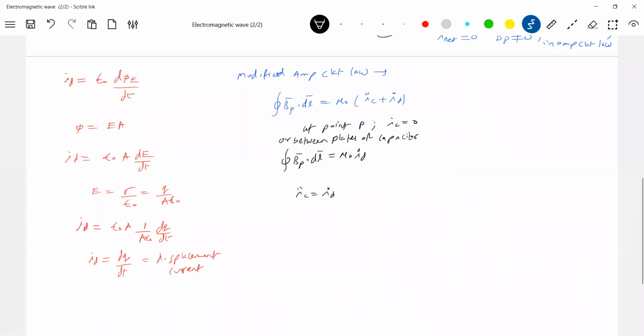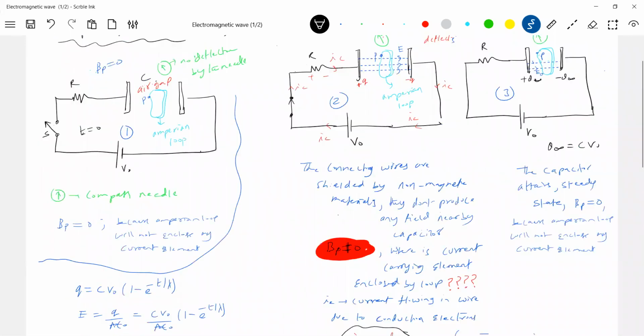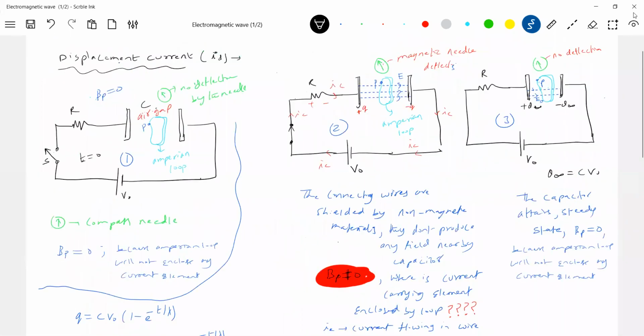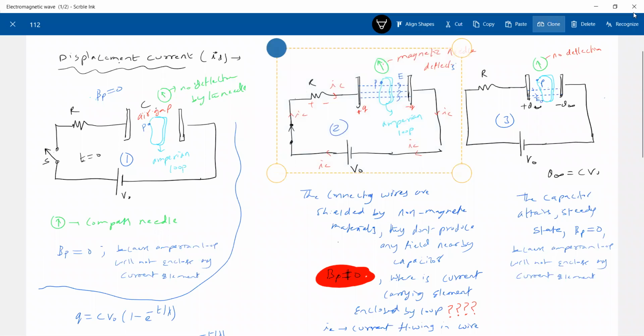Now you ask questions, sir, like here. In here, conduction current is there and no displacement current. What about here? There's no conduction current, only displacement current. I think I'll give one diagram so that students will get clarity on what actually you are studying.